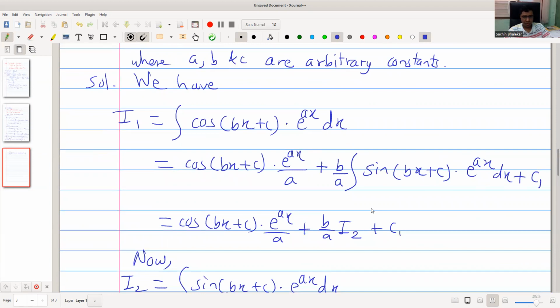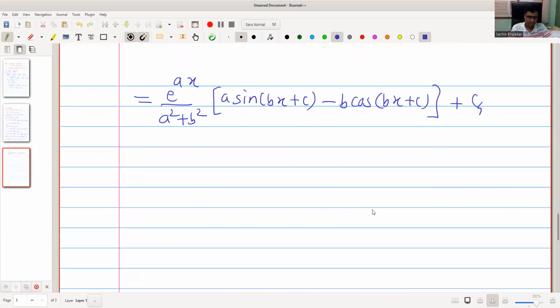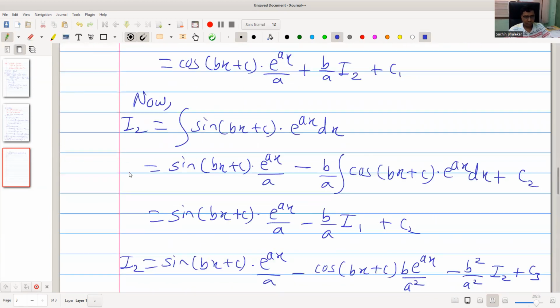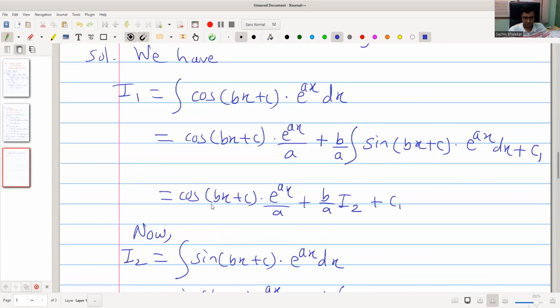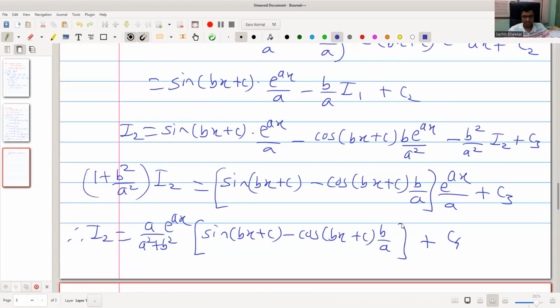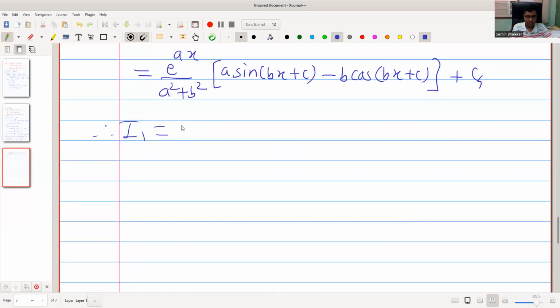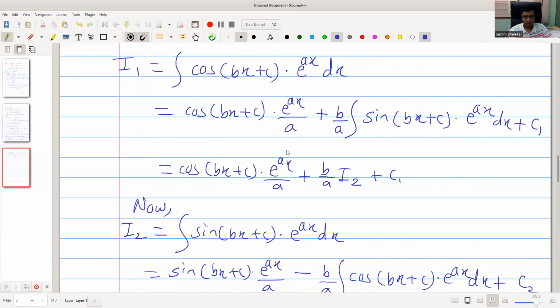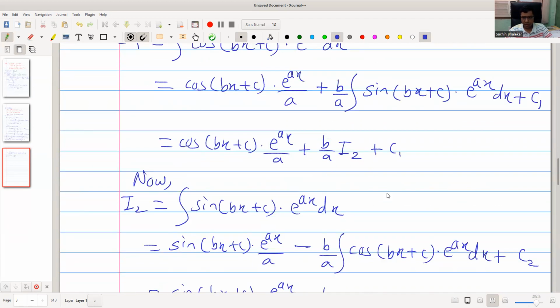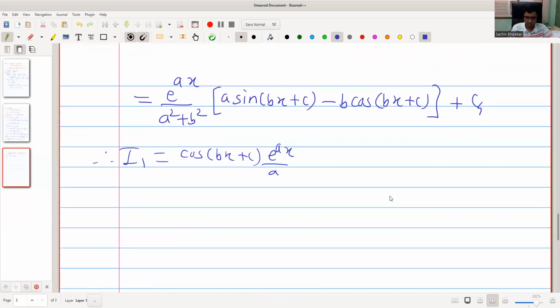Okay, therefore I1 equal to cos bx plus c into e raised to ax upon a plus b upon a into this.